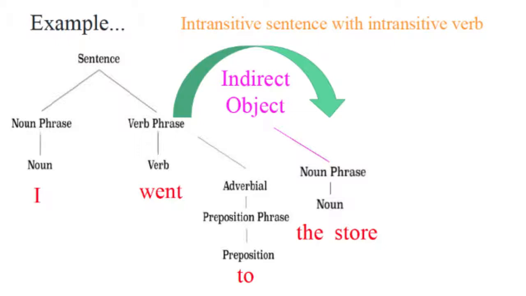That makes this sentence an intransitive sentence and an intransitive verb, because went is the intransitive verb. Just the fact that to is in the center from the object, which in this case is an indirect object.